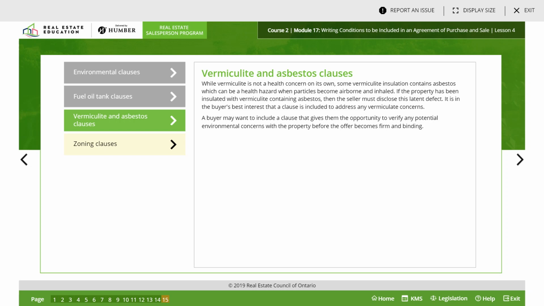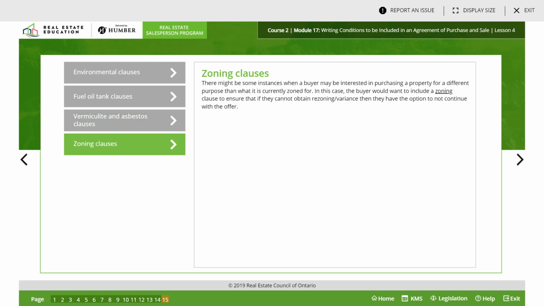If the property has been insulated with vermiculite containing asbestos, then the seller must disclose this latent fact. It is in the buyer's best interest that a clause is included to address any vermiculite concerns. A buyer may want to include a clause that gives them the opportunity to verify any potential environmental concerns with the property before the offer becomes firm and binding.